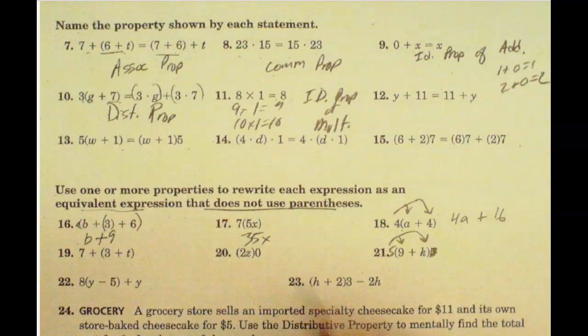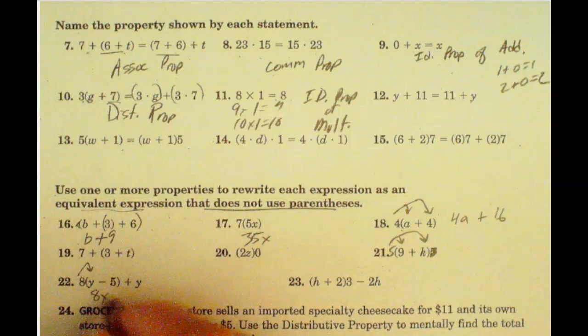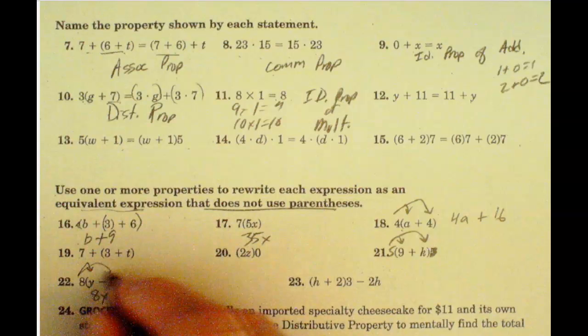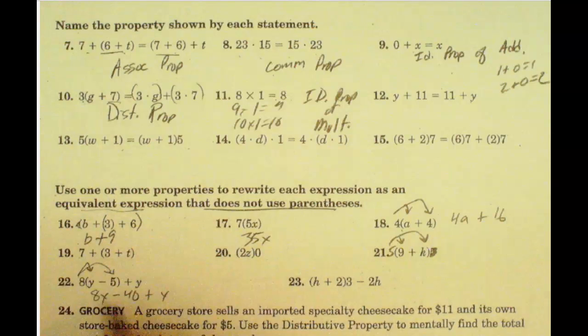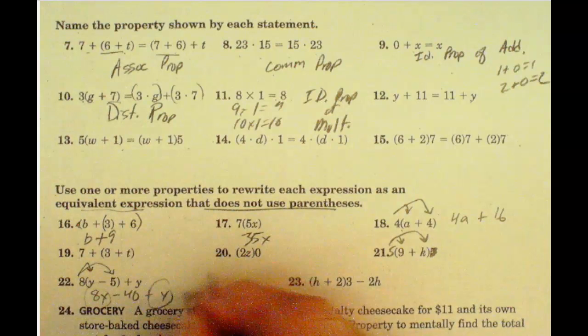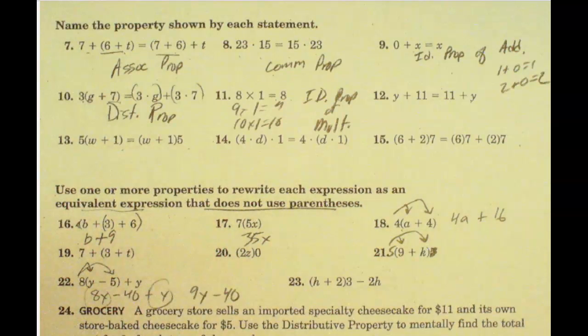This gets a little more challenging down here. This one here, this could be 8y minus 8 times 5 is 40 plus a y. Well, we've got a positive 8y here and we've got 1y here, so we can combine this and say that this is 9y minus 42. Same thing here.